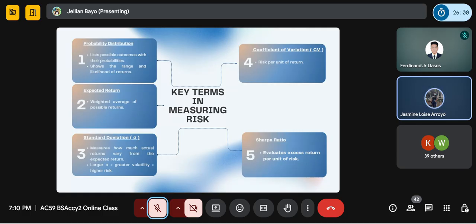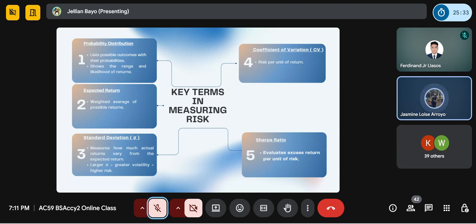Most likely return. Next is the standard deviation. In statistics, the standard deviation measures how varied your data is from the mean. In terms of investments, it measures how much actual returns vary from the expected return. The larger your standard deviation, the greater your volatility, so the higher your risk.